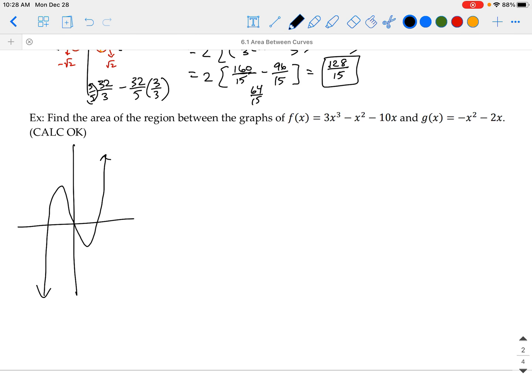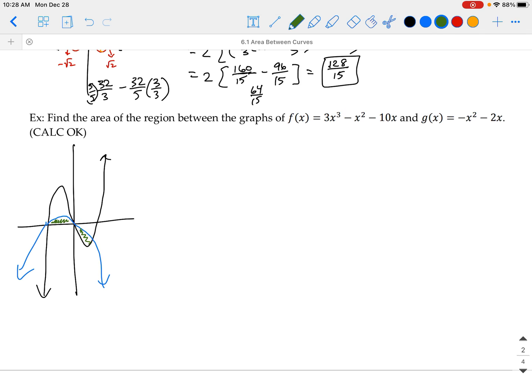So we've got something like this, and then our other graph looks something like that, so that our regions are going to be here and here.